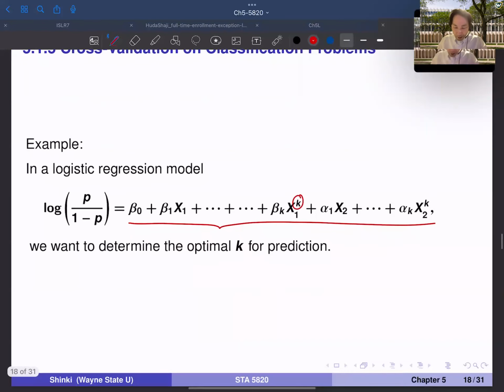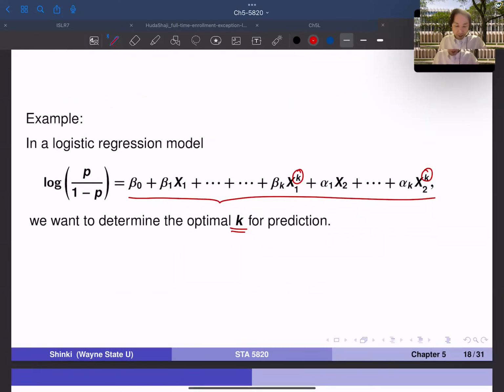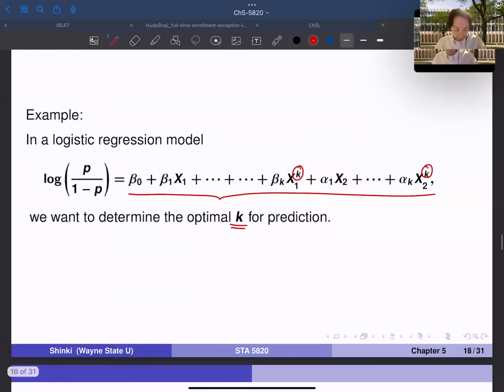And we want to determine this k. K equal to 1 is the simplest one, maybe 0 is also possible. K is 1, 2, 3, 4, 5. We can have increasingly more complicated models. We want to determine the optimal k. So that means for each k, we evaluate the estimated error size, then we choose the best k.